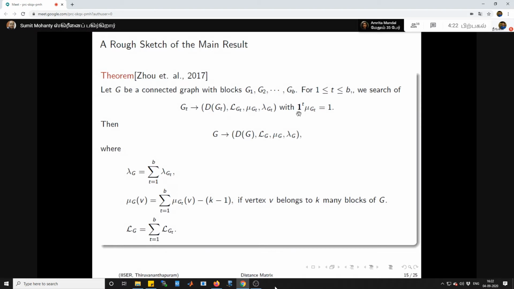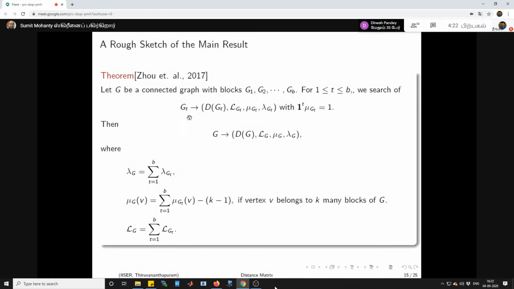I have written an additional condition here, but the choice of lambda basically ensures that. It is because of the theorem statement that I am writing it, but it is not needed technically. If you go through the proof in detail, for the choice of lambda we are working with, this automatically happens for every graph.